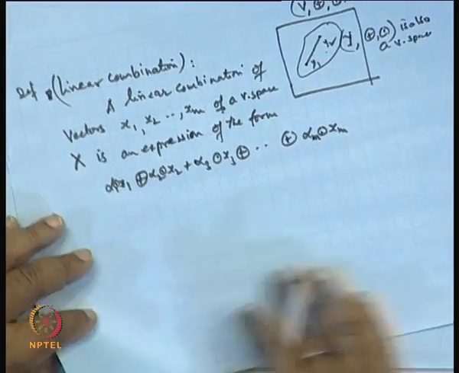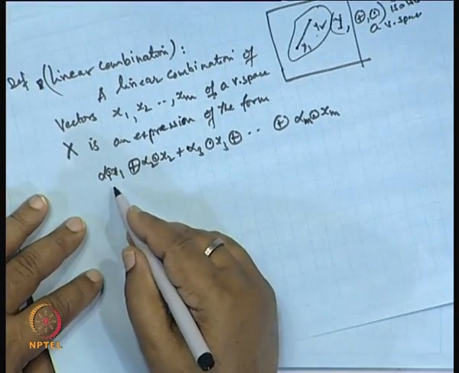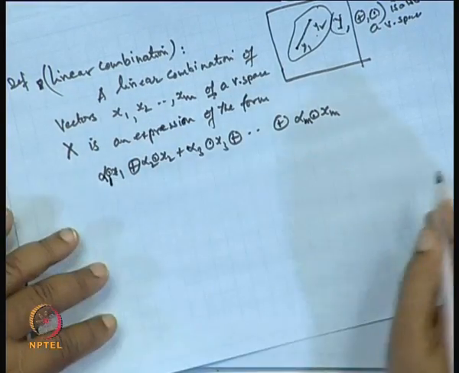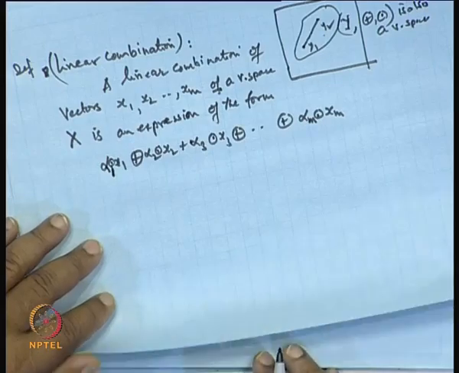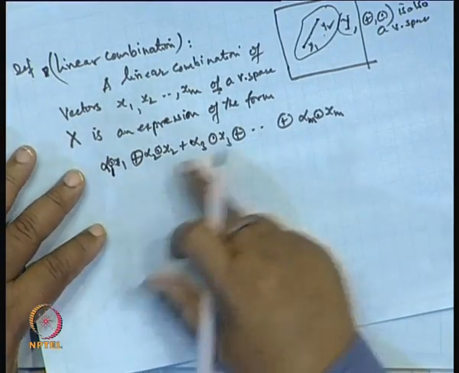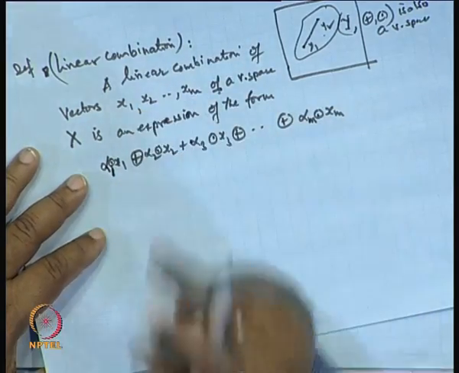An expression of this form. Clear? This expression we call a linear combination of x 1, x 2, up to x m.